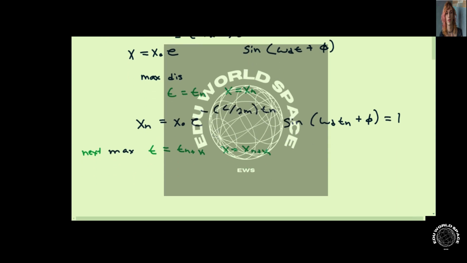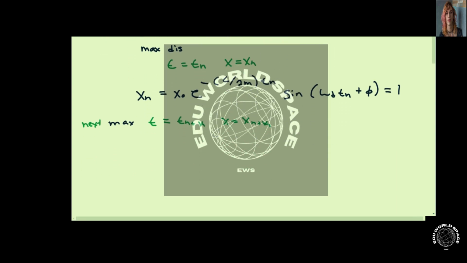Okay, and for that we have xn plus k put into the x part equals x naught e to the minus c over 2m tn plus k, sine wd tn plus k plus phi equals 1.